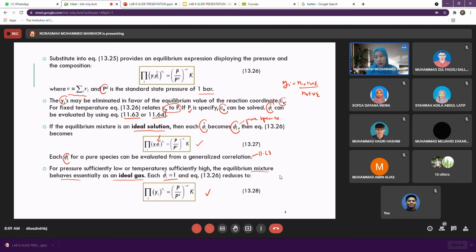So dekat sini tak ada V lah sekarang. Right? This is the equation that relates the K and the composition. 13.26 is for non-ideal gas and non-ideal mixture, 13.27 is for ideal solution, and 13.28 for ideal gas, right?